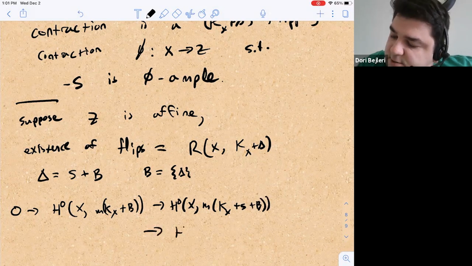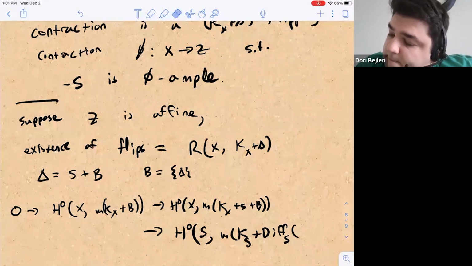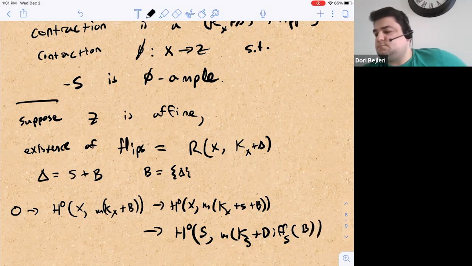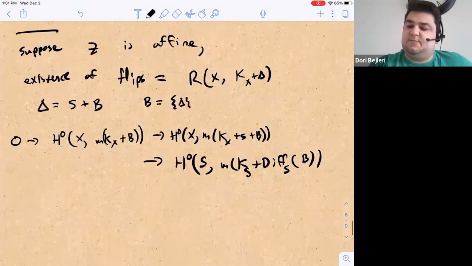By adjunction, this restricts to S, M, Ks plus the different. And so we get a restriction map on algebras as well, because these are the algebras of sections.